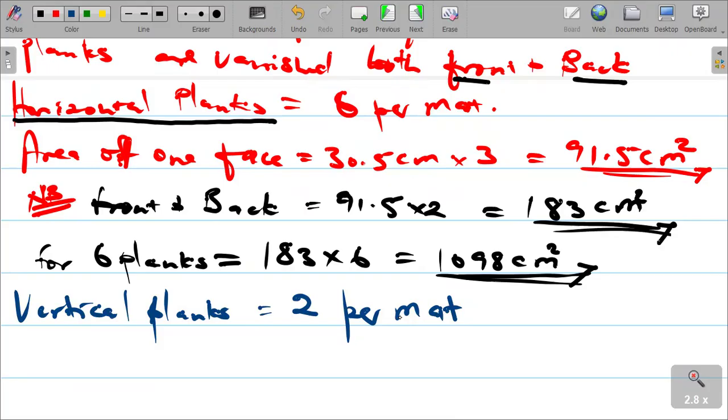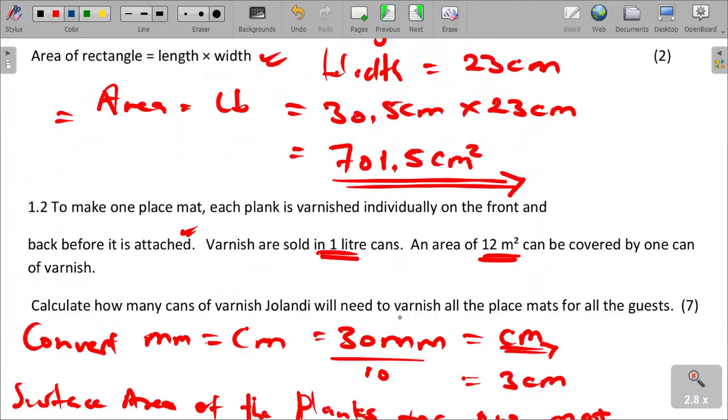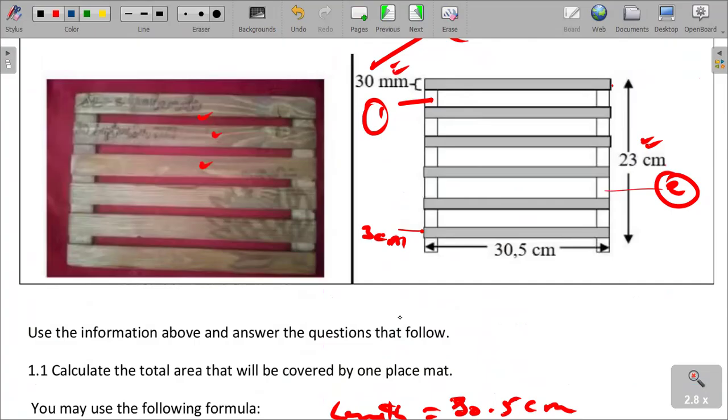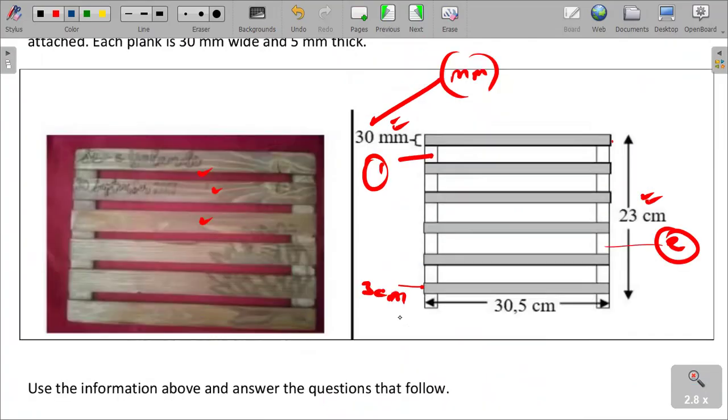Our length again is the same as given: the length is 23 centimeters for vertical. And then the width does not change. The width remains, converted to centimeters: 30 millimeters to centimeters is 3 centimeters.